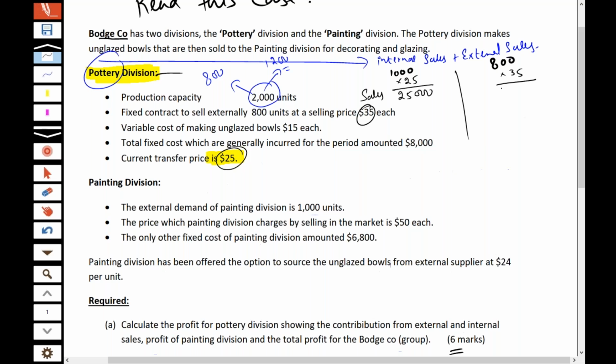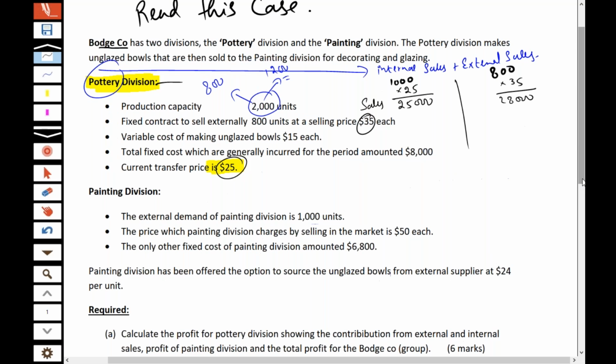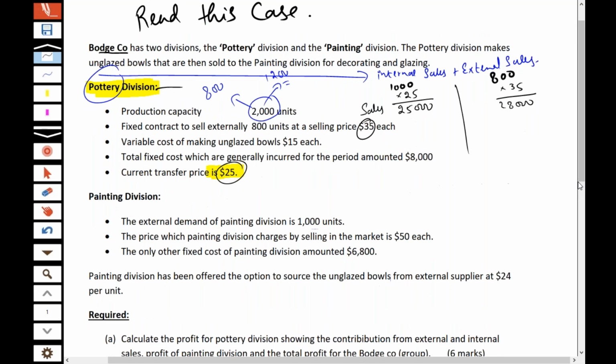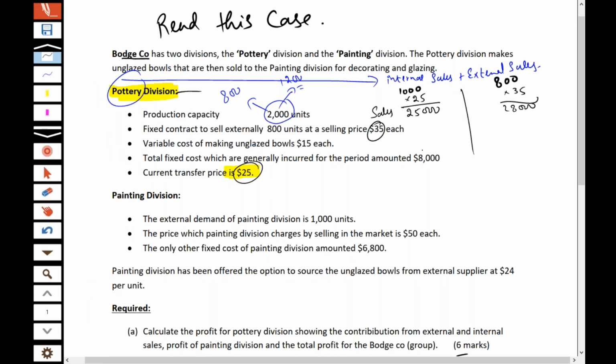So 800 multiplied by 35, it becomes 28,000. See, I am calculating here in this sheet, and I'm not leaving this question totally dependent on you. You need to note down whatever is convenient at your part, and you need to solve it at ACCA CBE platform.